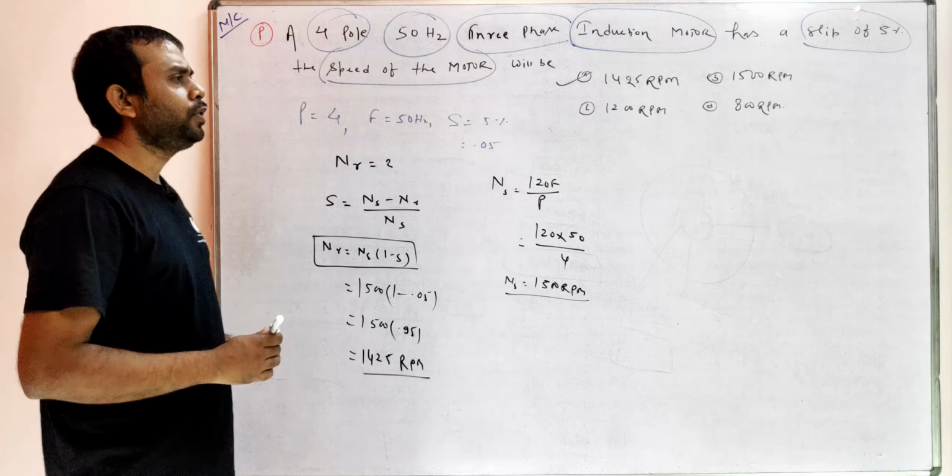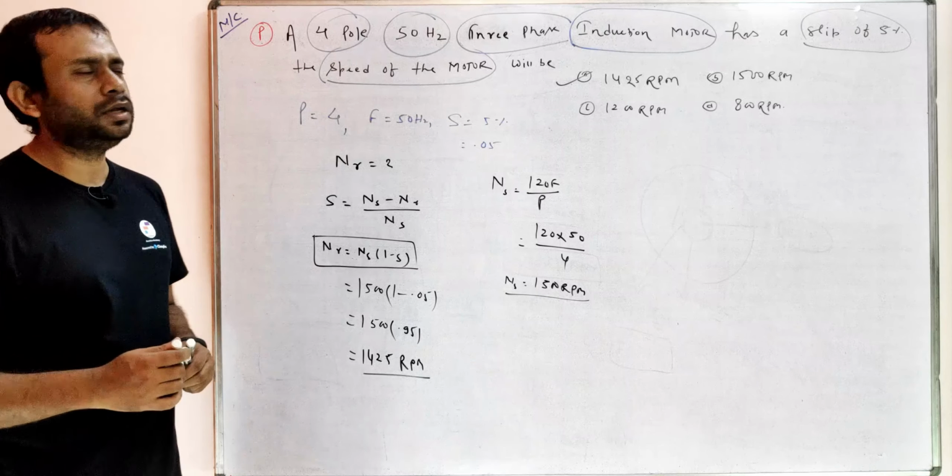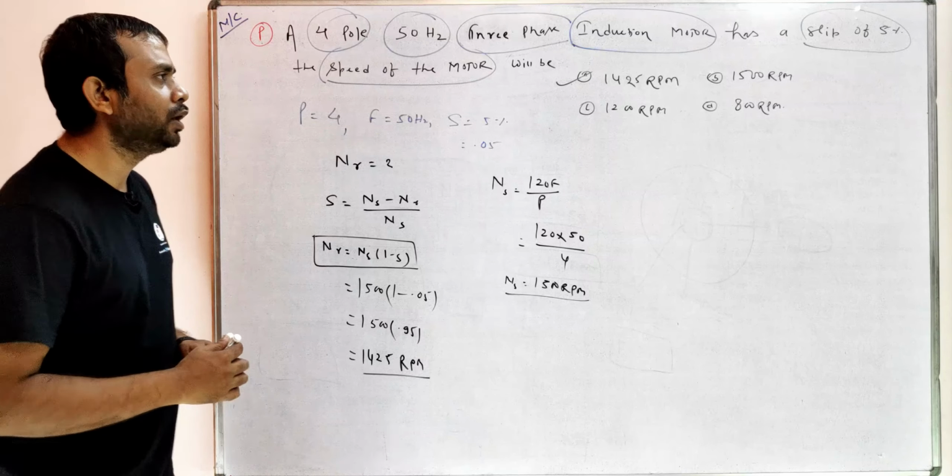Also, if you are absolutely clear about the working of a 3-phase induction motor, then just by knowing some factors you can solve this problem with ease. The synchronous speed is 1500 rpm, found from the parameters given in the question.